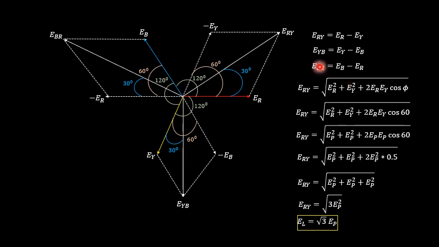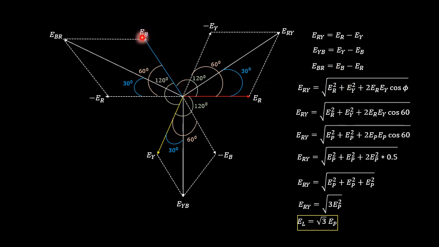Last it is EBR. EBR is given in terms of the equation EB minus ER. So here the minus sign is for the value of ER. ER is already drawn as the red color line. So if I draw a line in the opposite direction, it is going to represent the negation, or the negative value, which is minus ER. EB is already drawn over here, the blue colored line.